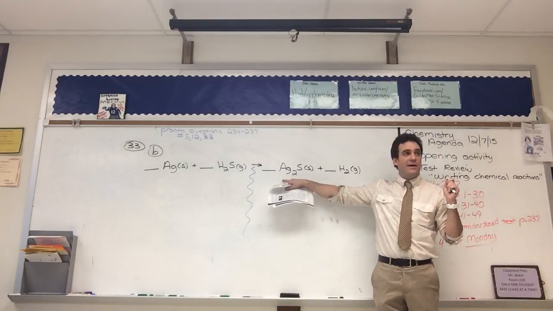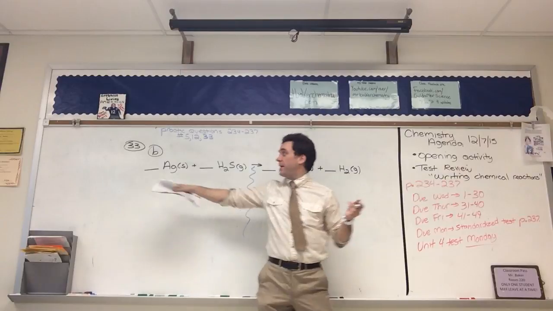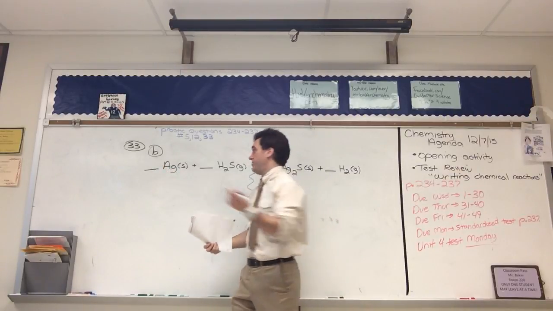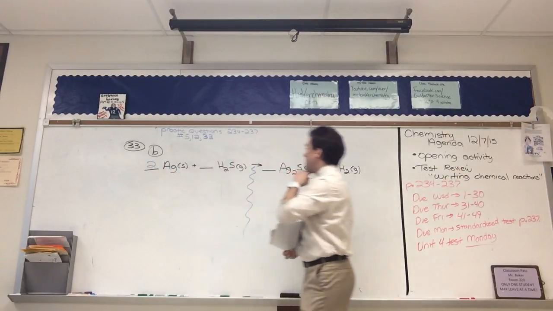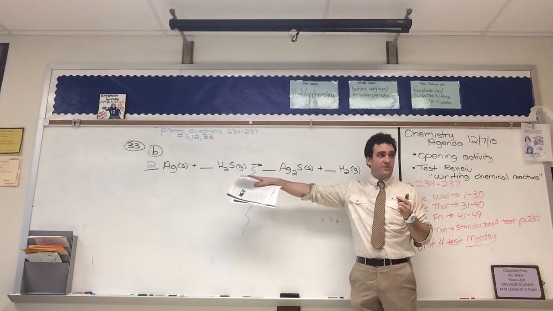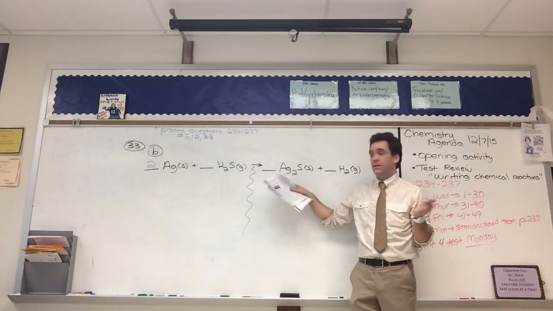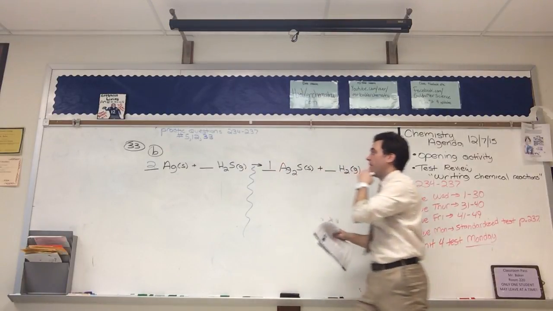So how many silvers do I have on this side? How many do I have over here? So what do you think I'll put in front of there? 2. So at that point, if I put a 2 in front of that silver, we can't make that any bigger, right? So that's going to be a 1.